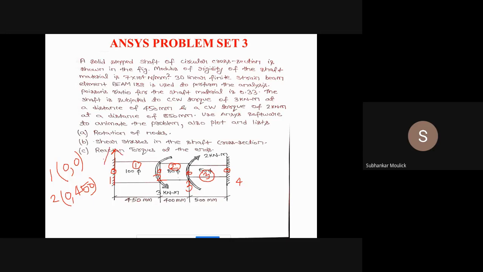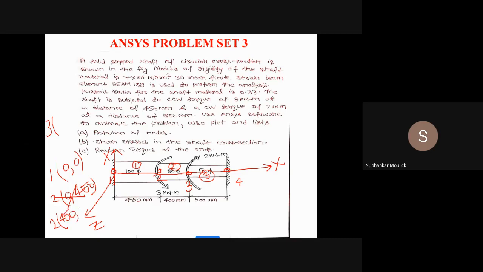This is my y, this will be my x, and this will be my z. Okay, then the third nodal point coordinate. Oh, sorry, by mistake I have written it wrongly. This will be 450, 0.